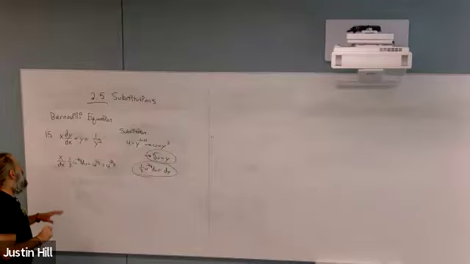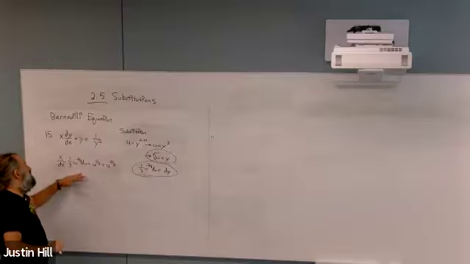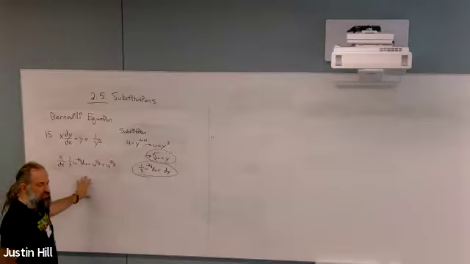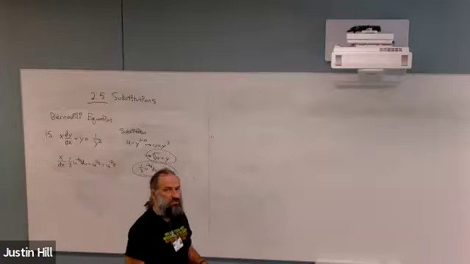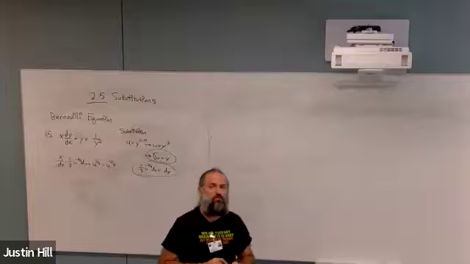So now what we have is a differential equation in terms of u and x. The instinct here is this should reduce down to a first order linear differential equation.